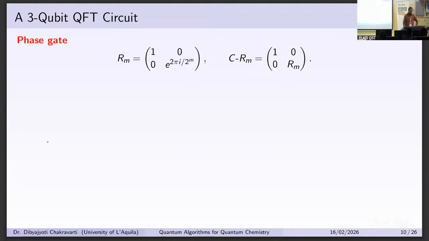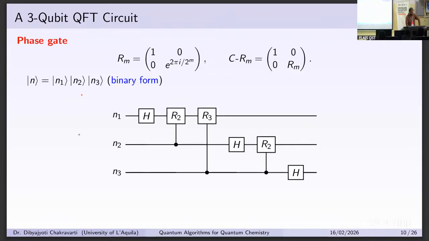So now coming to the circuit form of the quantum Fourier transform. Assuming that we already have a binary expression of a decimal number, of the form n1, n2, n3. Binary form means like we write a binary point.